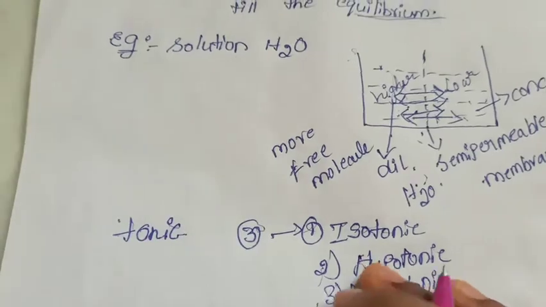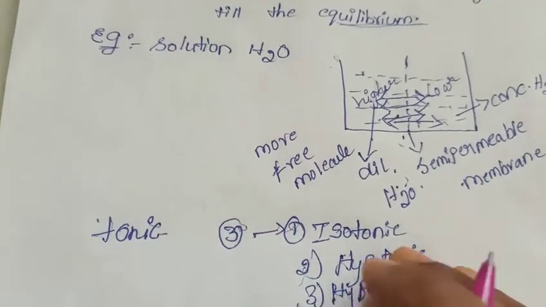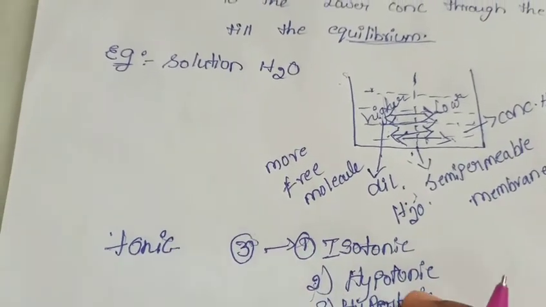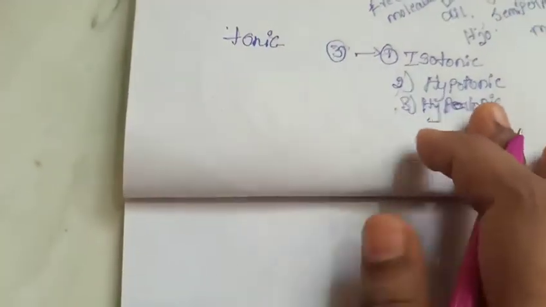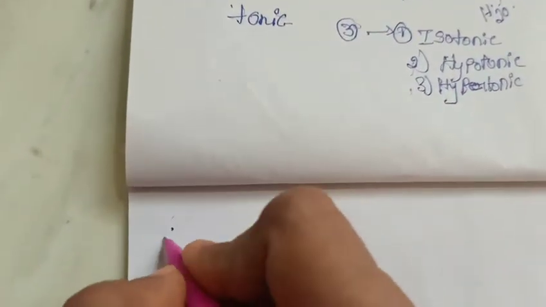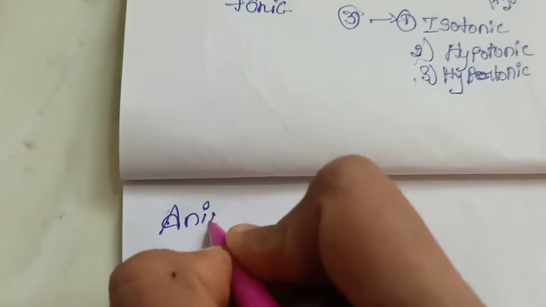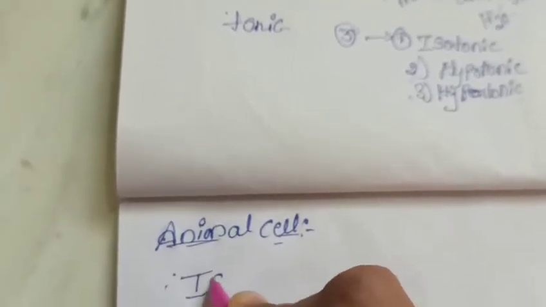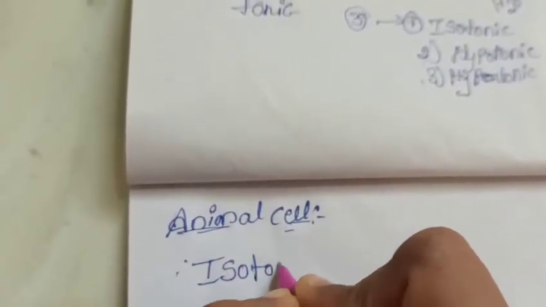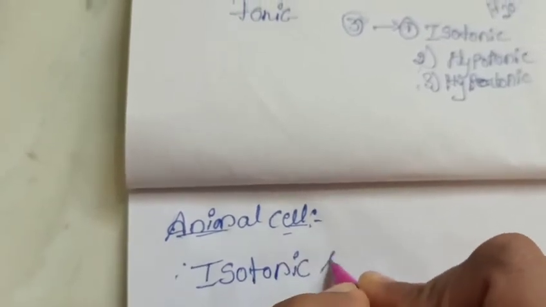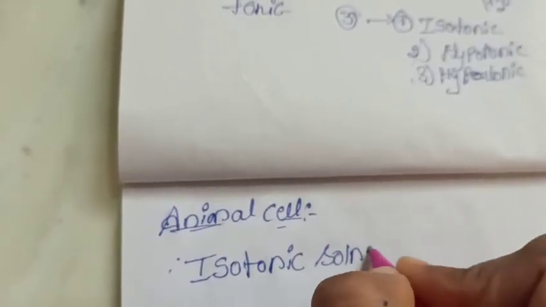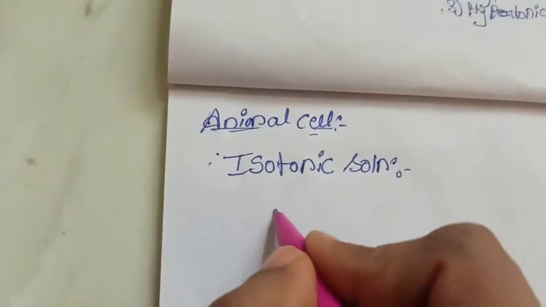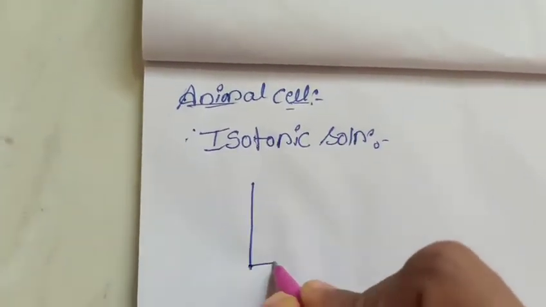Now let us discuss the tonic solutions and the osmosis process in animal cells. First I am explaining the isotonic solution in an animal cell.